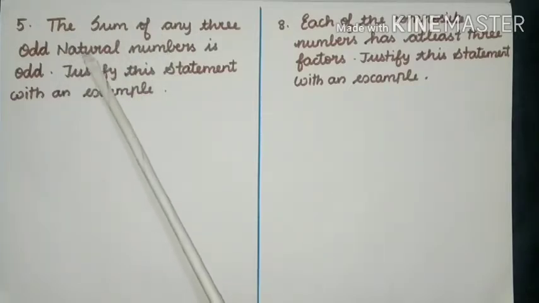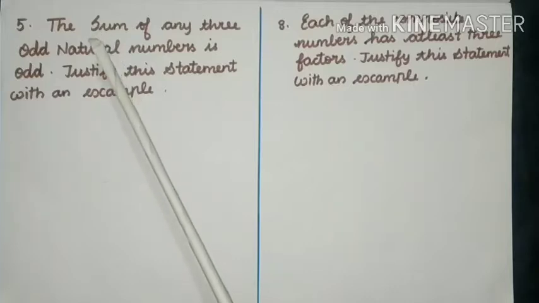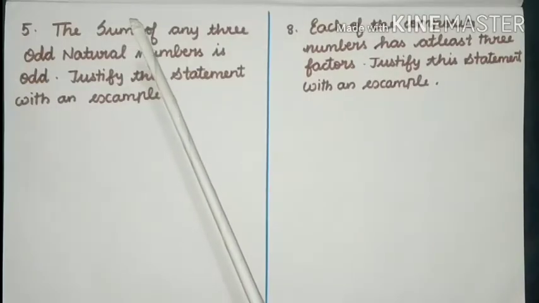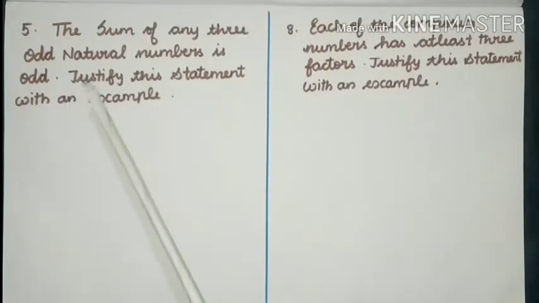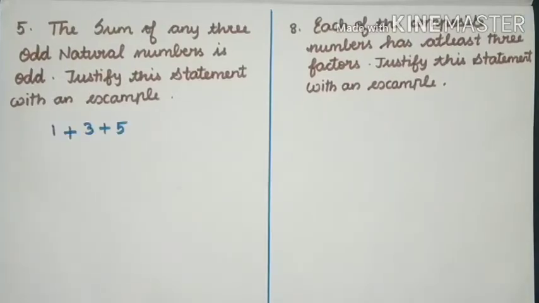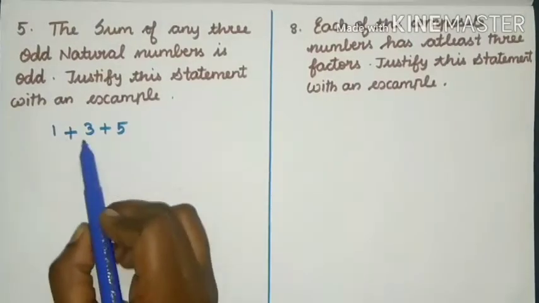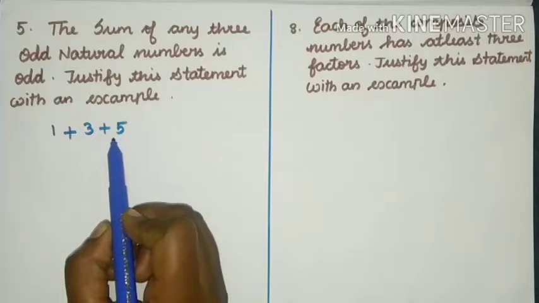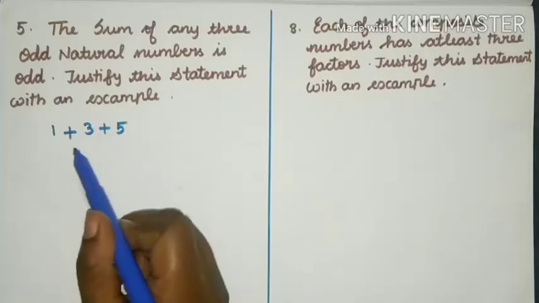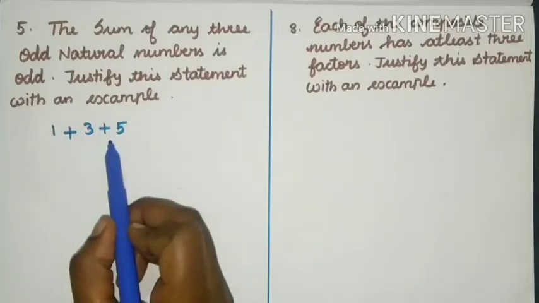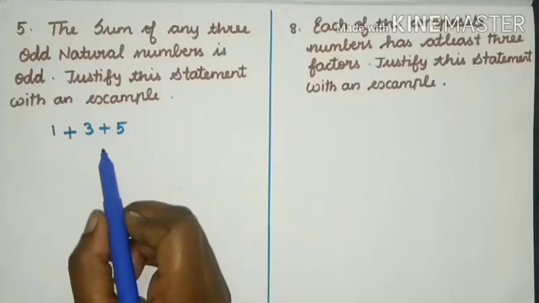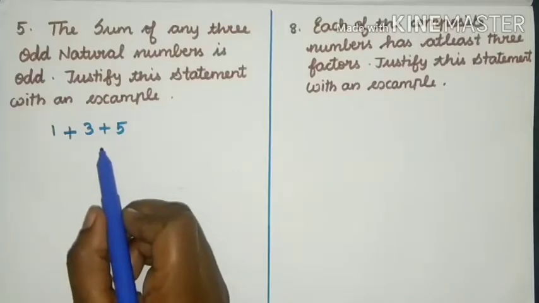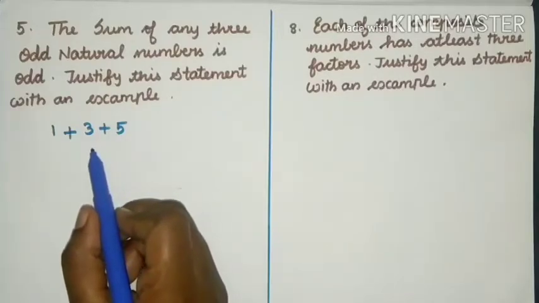If we add the three natural numbers, we have to get the answer as an odd number. We have to justify this. Students, here 1, 3, 5 are all odd numbers. We have to find the sum of three odd numbers. We have to check whether we get the answer as an odd number or even number.